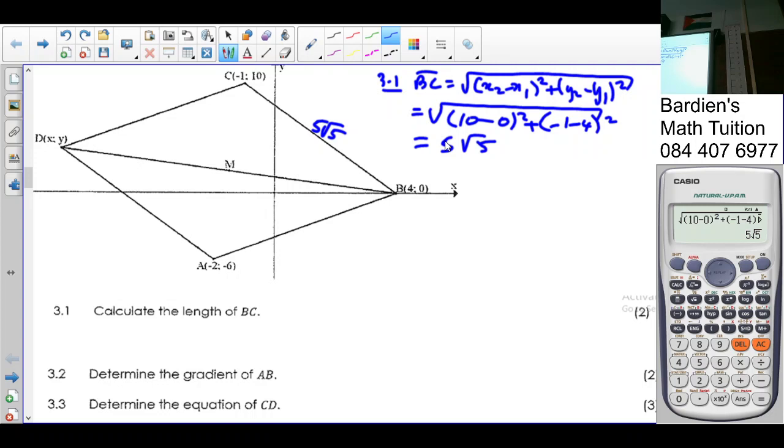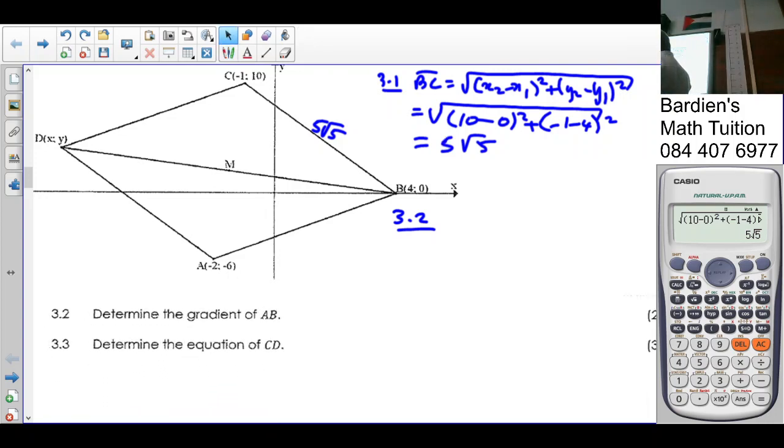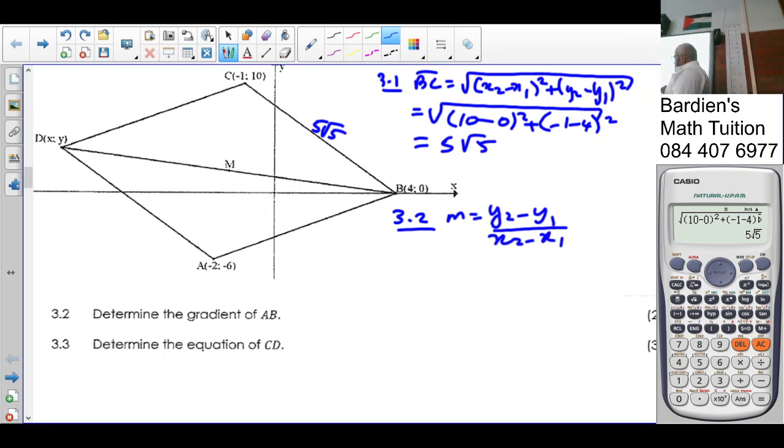Number 3.2, the question says, determine the gradient of AB. How do you calculate the gradient? Change in y over change in x. y2 minus y1 over x2 minus x1. So if you make this x1, that must be y1. x2, y2.